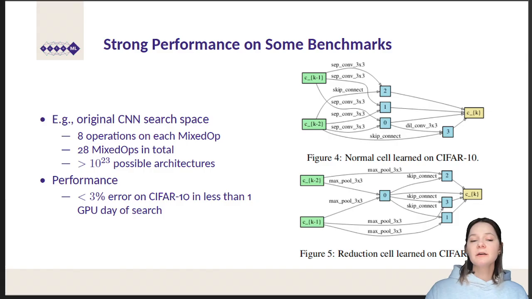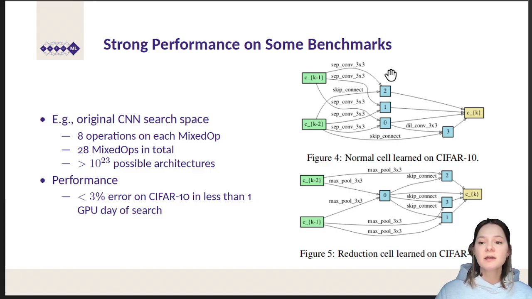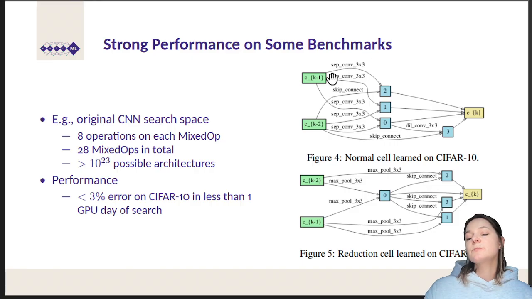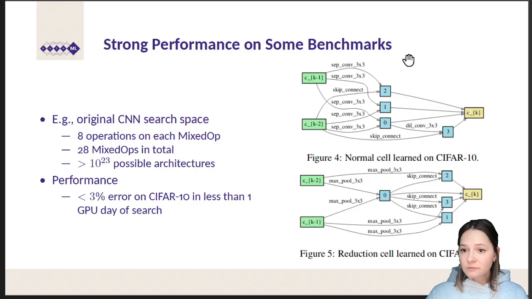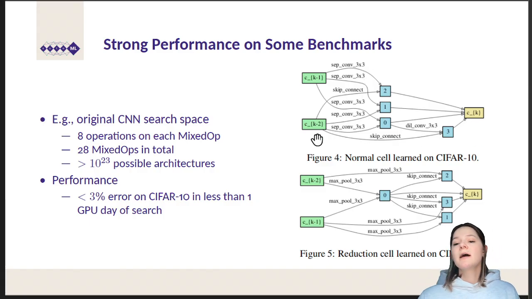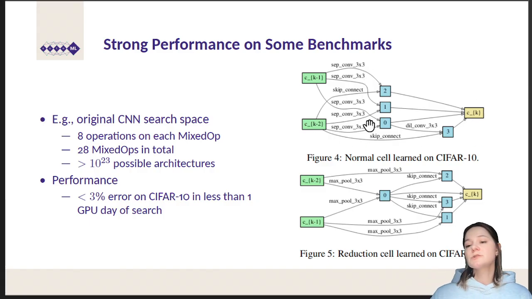And the actual results of DARTS on CIFAR-10, for example, for image classification can be seen here. So we have here our normal cell, which is learned on the CIFAR-10 image classification task. And we can see that we have mostly some separable convolution, like 3x3 convolution. We have some dilated convolution and also some skip connection in order to not let the cell become too big.